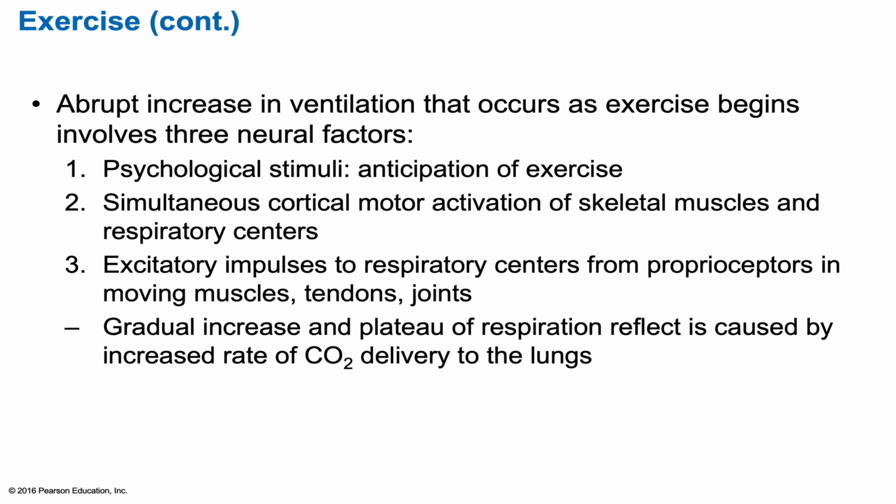Next, it's the simultaneous cortical motor activation of skeletal muscles and the respiratory center. And finally, the excitatory input reaching respiratory centers from proprioceptors in moving muscles, tendons, and joints. So the gradual increase and then plateauing of respiration probably reflect the rate of carbon dioxide delivery to the lungs. In other words, the carbon dioxide flow.